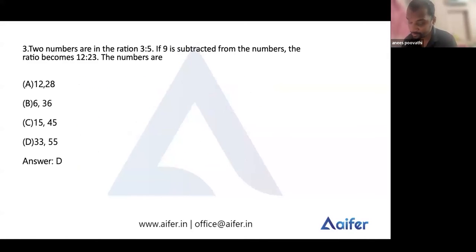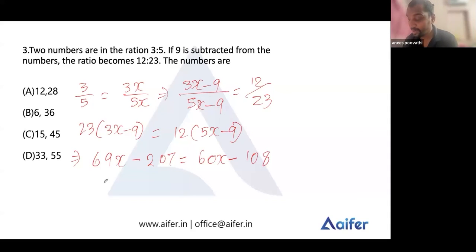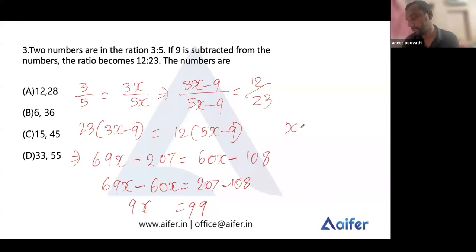So taking x to one side, 69x minus 60x is equal to 207 minus 108. We have 9x is equal to 99. x is equal to 99 by 9, that is equal to 11. So we have 11 as the value of x.